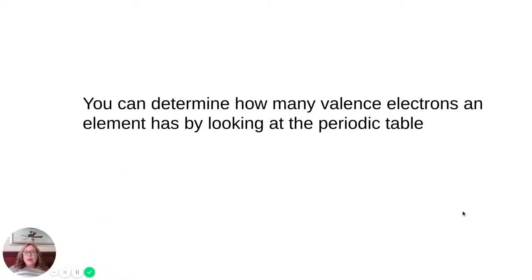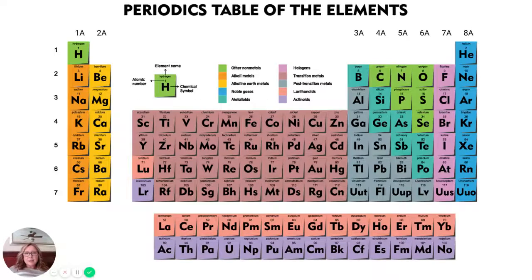Okay, hopping back. Talking about valence electrons, you can actually use the periodic table to figure out how many valence electrons an element has. Jumping back to a copy of the periodic table, see these numbers up here, the 1A, 2A, 3A, and so on? Those numbers let you know how many valence electrons each of the elements in that column have. So all of the elements in column 1A have 1 valence electron.